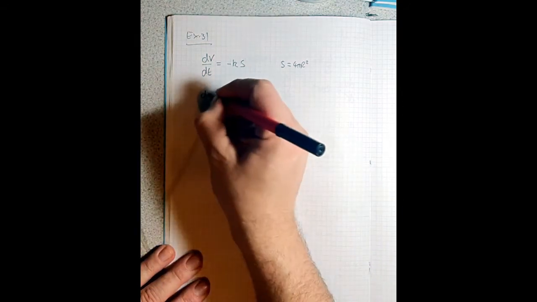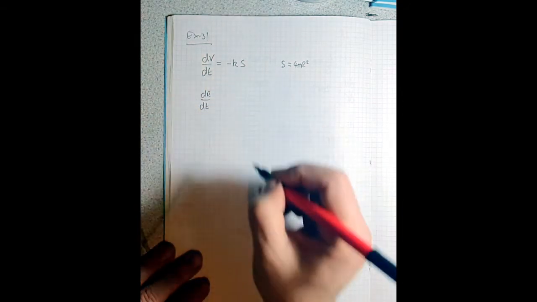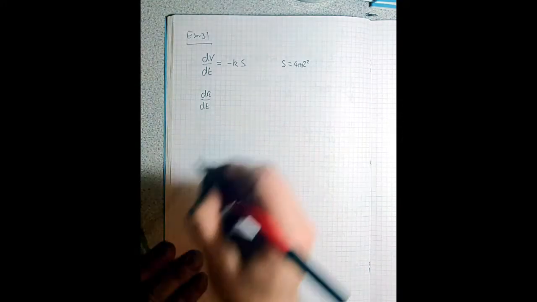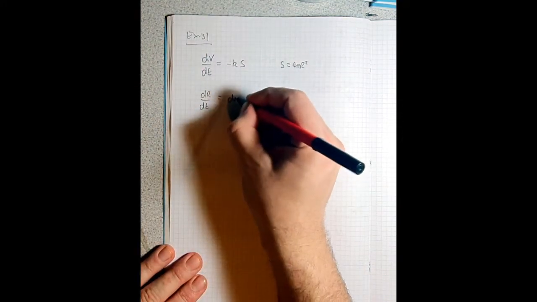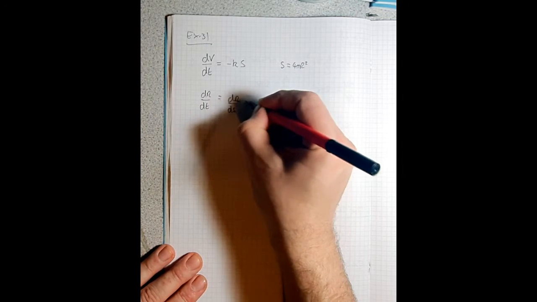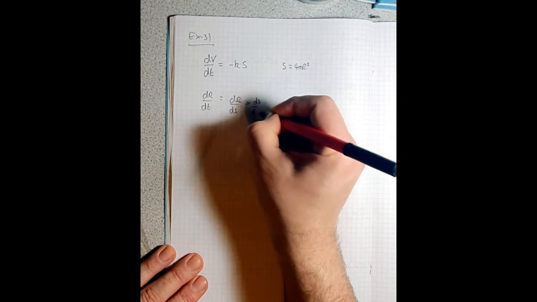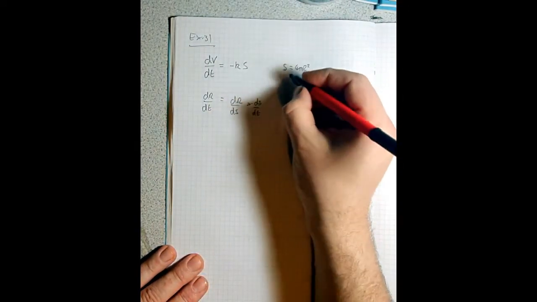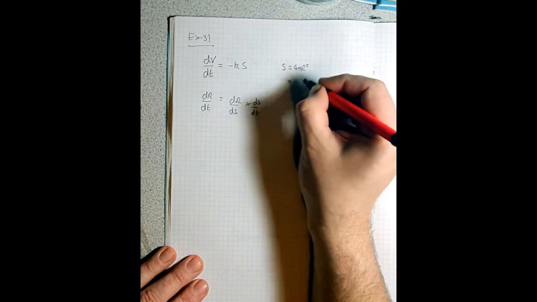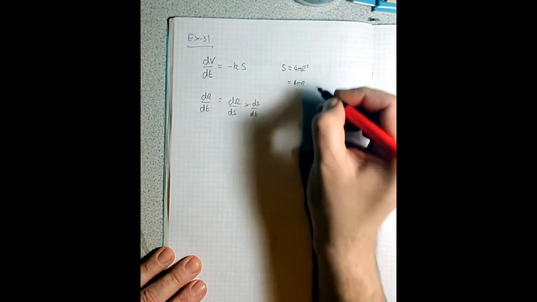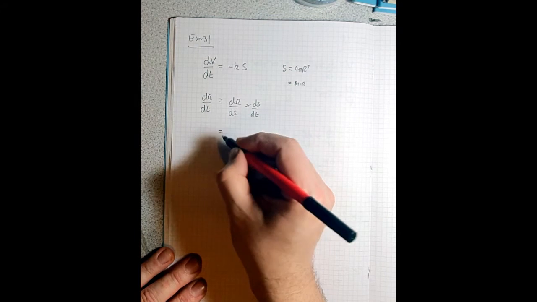Well, dr/dt, that's going to have to be dr/dS times dS/dt. So dS/dr, 8 pi r, so dr/dS is going to be 1 over 8 pi r.